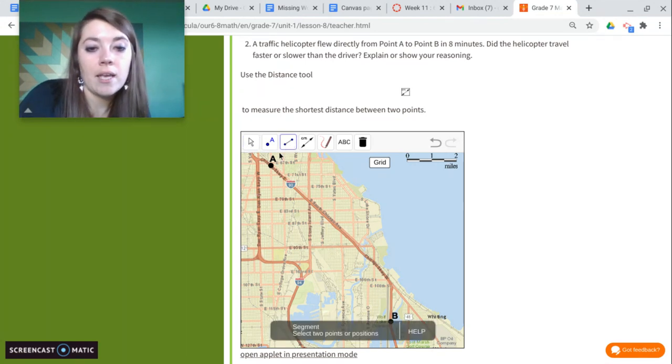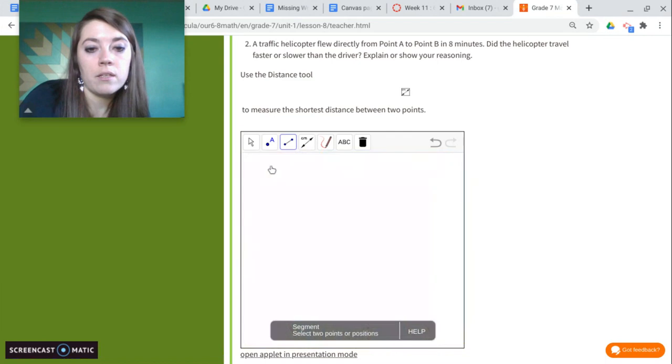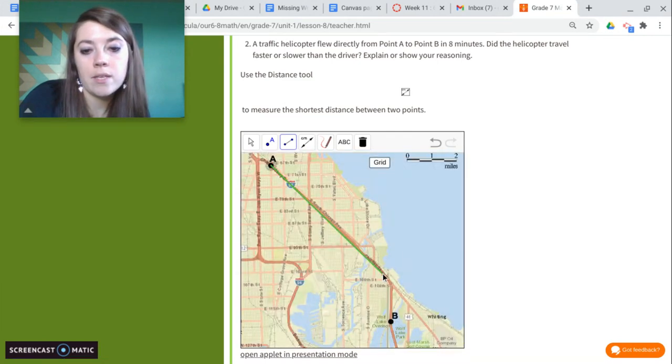Here, I'm going to do this. So from this point, pretty well straight all the way till about here. And then now we need another one to go from here to point B. So we've got our 2 segments there.